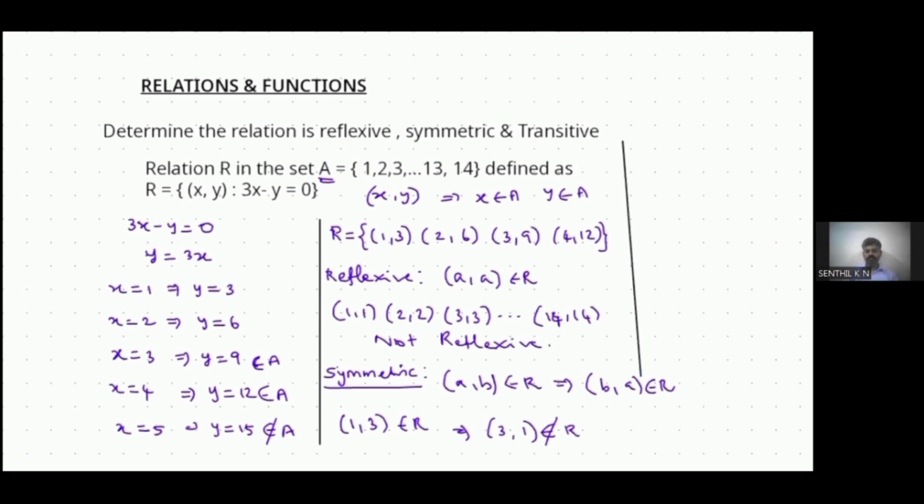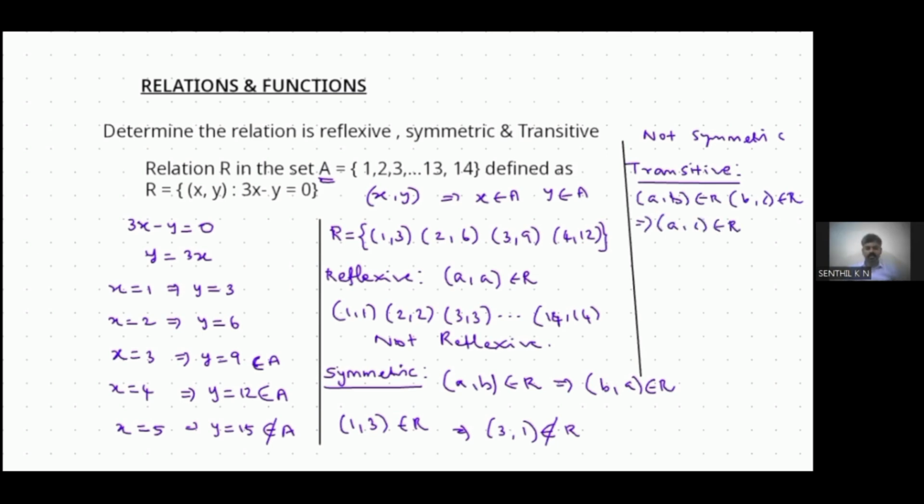Now we have to check transitive. Transitive means what? We have to take two elements from R. They should be in the form of (a, b) belonging to R and (b, c) belonging to R. If two such elements are in R, then only we can discuss whether the third element is in R or not.